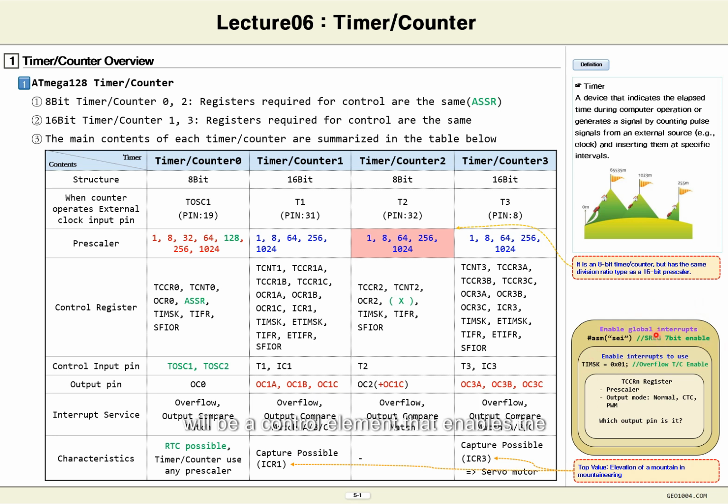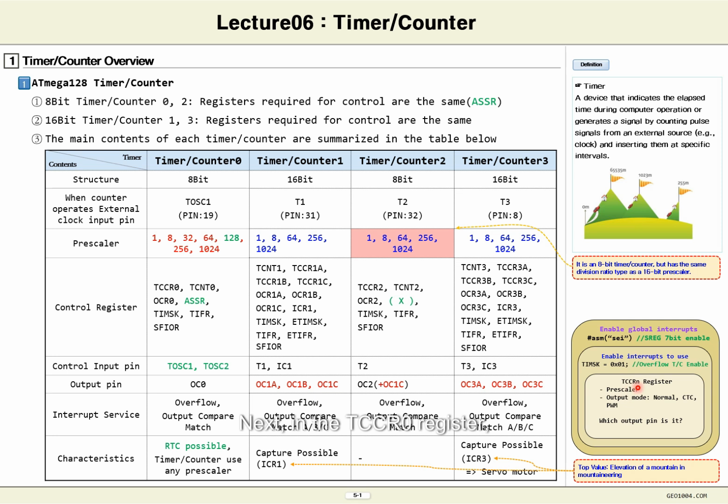This diagram will be a control element that enables the highest level interrupt service by enabling global interrupts first. Next, write 0x01 to the register called TIMSK to activate the overflow timer counter.